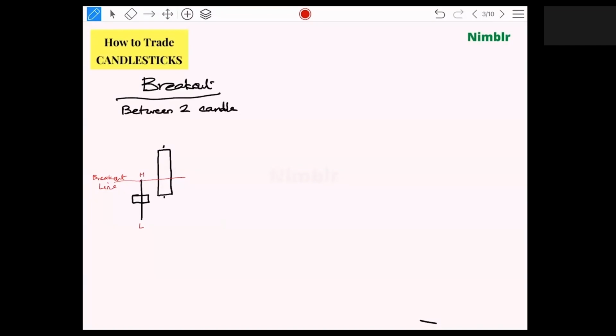This is a high and it has a low. This is an IC candle and this is an MC candle, momentum candle. When a momentum candle follows an IC candle, we get a breakout in candlesticks. And we are going to use this breakout to make entry and exit.